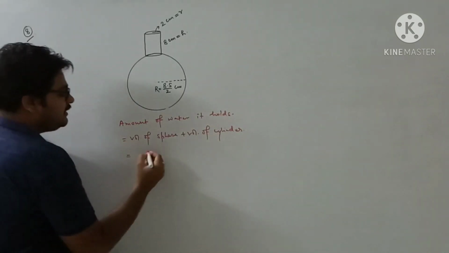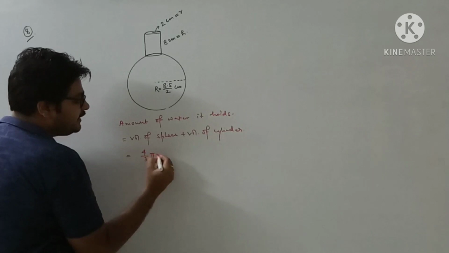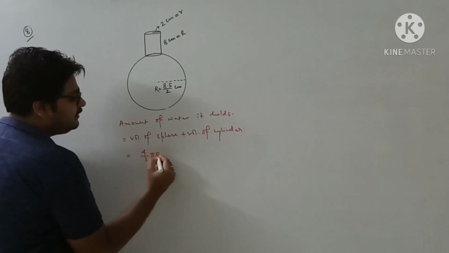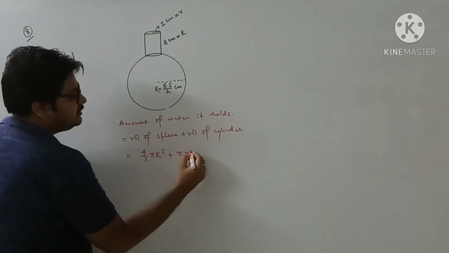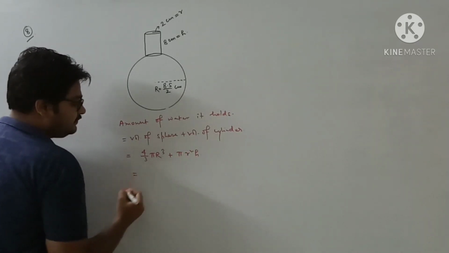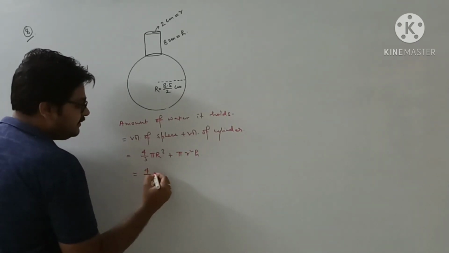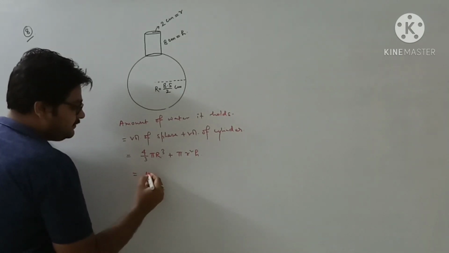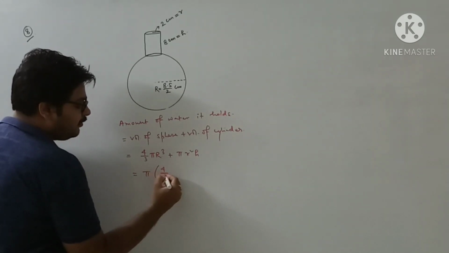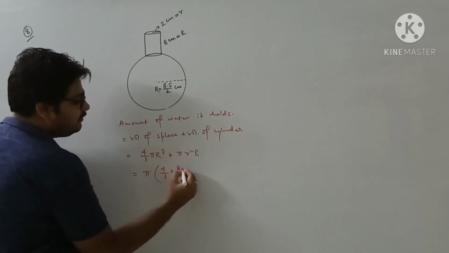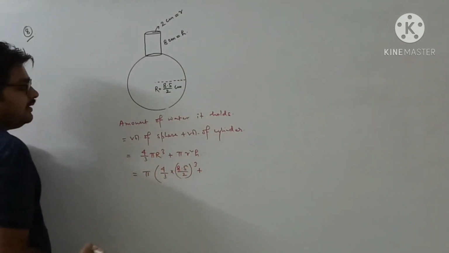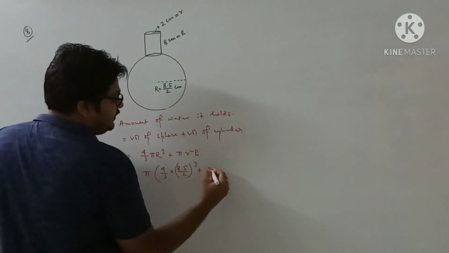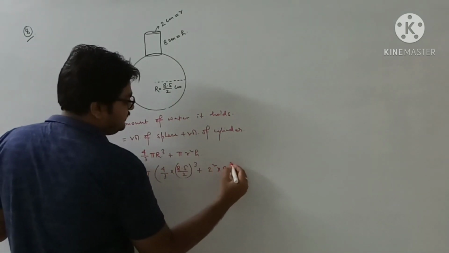Volume of sphere, what is the formula? 4/3 pi R cube, capital R we have taken. Volume of cylinder, what is the formula? Pi r square h. So 4/3 pi you can take common. 4/3 capital R cube will be 8.5 by 2 whole cube. Small r square means 2 square and h means 8. This much centimeter cube.